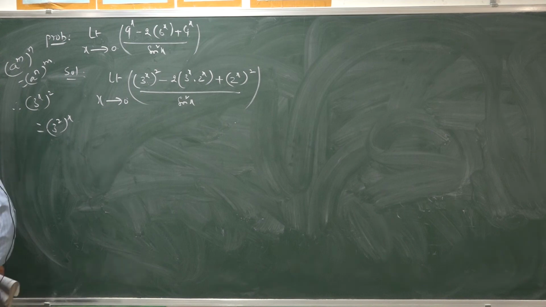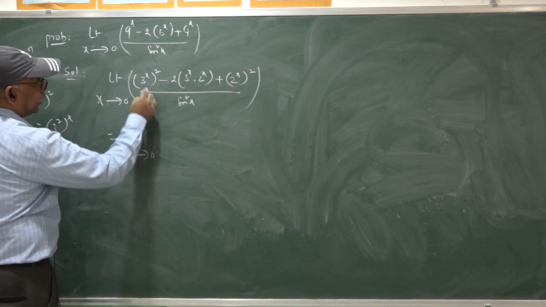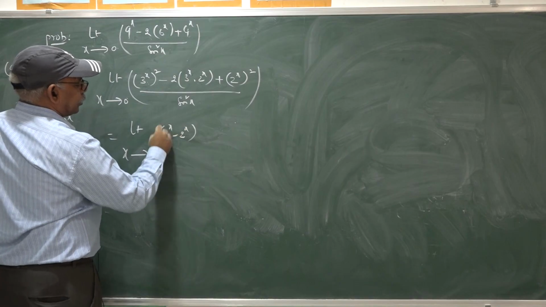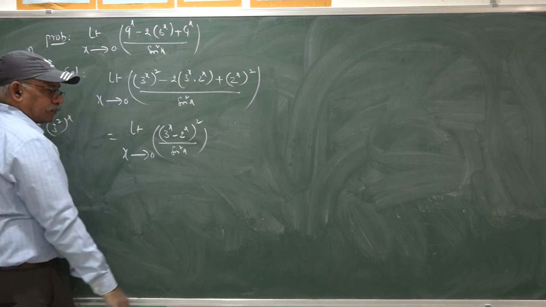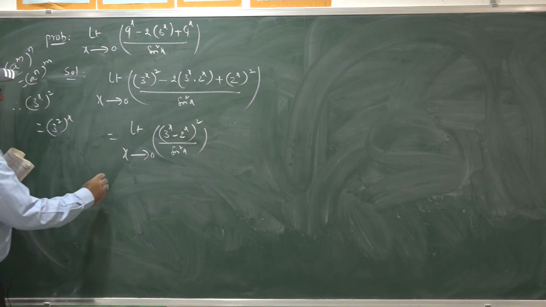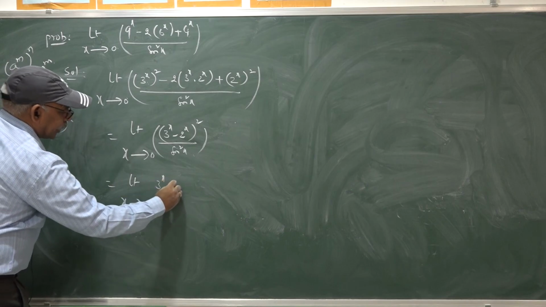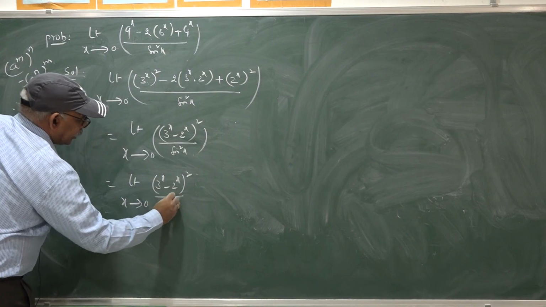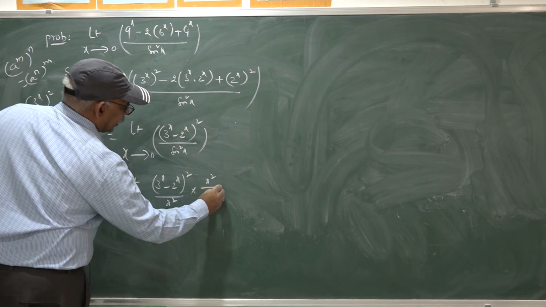The given limit may be modified in such a way. So, limit as x goes to 0. The numerator may be written as (3 power x minus 2 power x) whole square by sin square x. Now, divide the numerator and denominator with x square. That means you can write x square by sin square x.